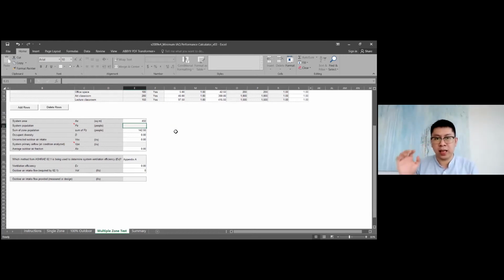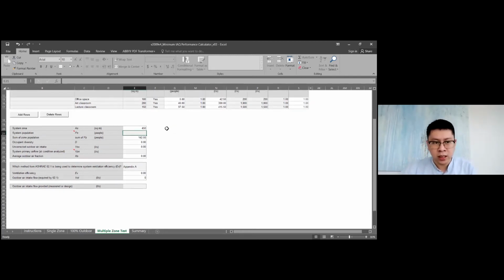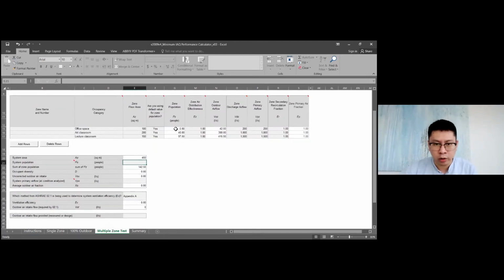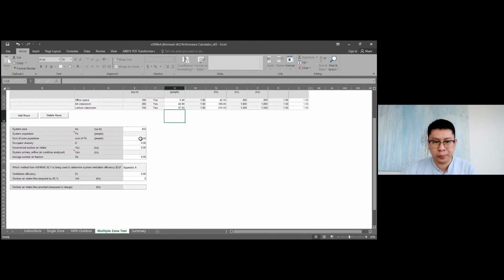So in this case, I can input 120 people, which is less than the sum of all these zone populations. If all add up, it is 142.5. I can input much less, 120, in case I know that at a given time, people will be much less than this. But just to simplify the input, we can put the same as this, 142.50.